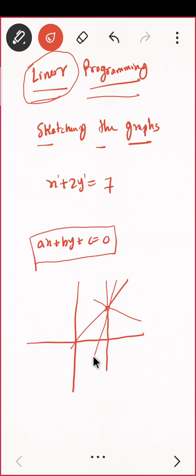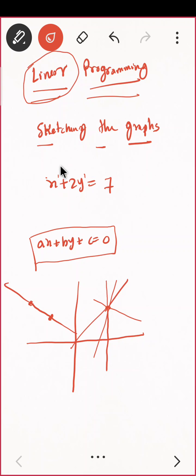But I want only one straight line, so I require a minimum of 2 points. Do you agree? Suppose 1 point is here, and if I give 1 point here, then I'll have a unique straight line. I cannot have more than one straight line passing through these 2 points. Correct? So to draw a straight line, we require 2 points. Is that okay?